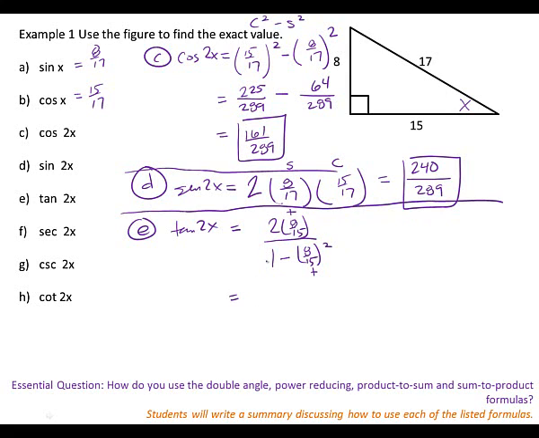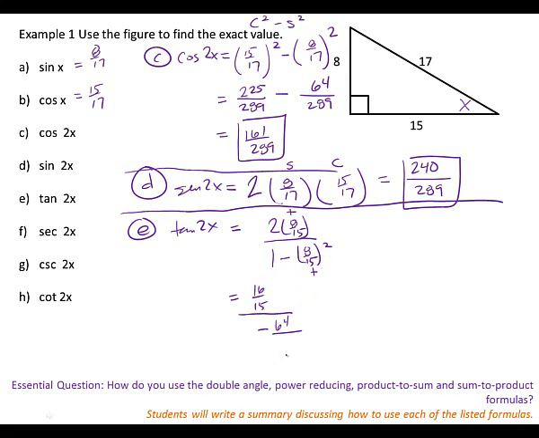I'm going to do my work going down until I can't go down anymore. The numerator is going to turn out to be what? 2 times 8, 16 over 15, perfect. I'll do this part here, and then I'll write down my 1, because I'm going to rename 1 in a minute. What's 8 squared? 64.